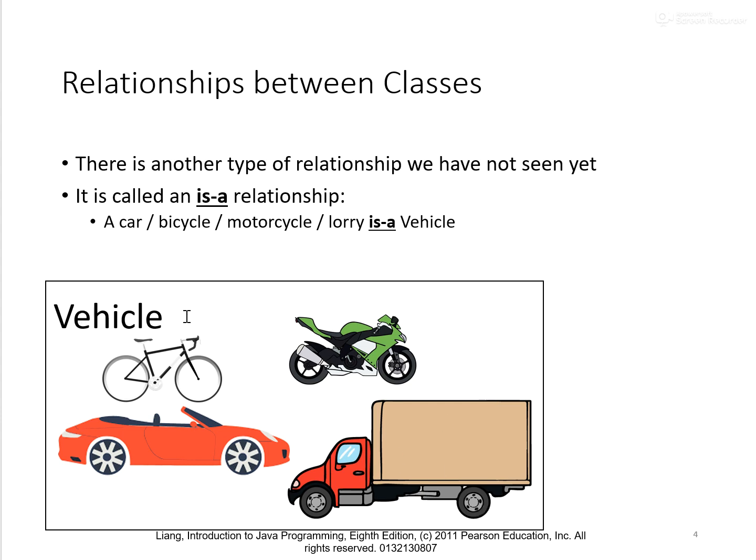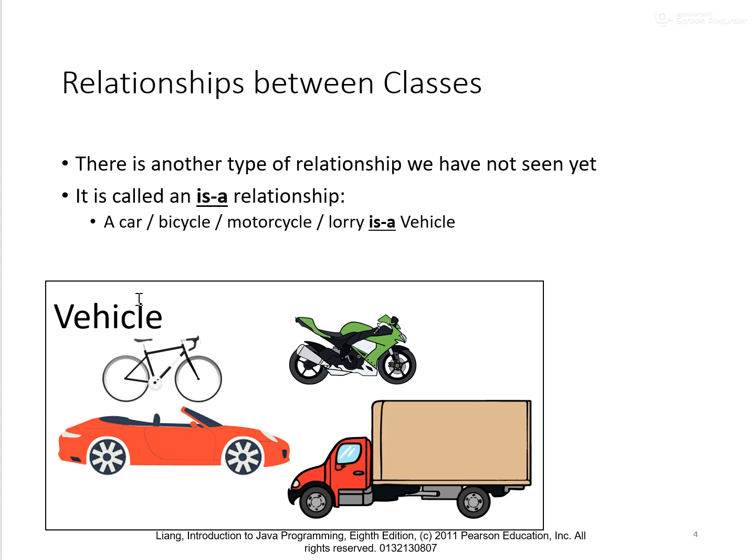So if we had 5 classes over here, let's say one class called vehicle, which contains methods and data members that are common to all of these vehicles that we're seeing over here. That could be one class. And then we could have separate classes for bicycle, motorcycle, car, and lorry. And those could contain data members and methods that only make sense for each of those vehicle types.